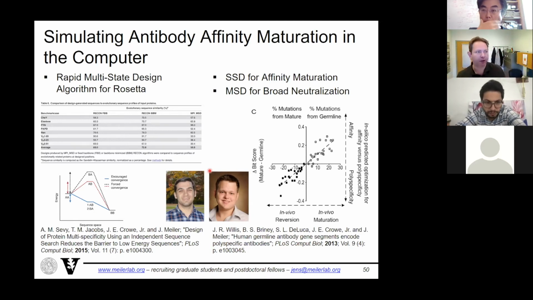And I just wanted to mention one here, which is a multi-state design algorithm. A multi-state design algorithm tries to design one sequence that falls into one structure that stabilizes multiple states.